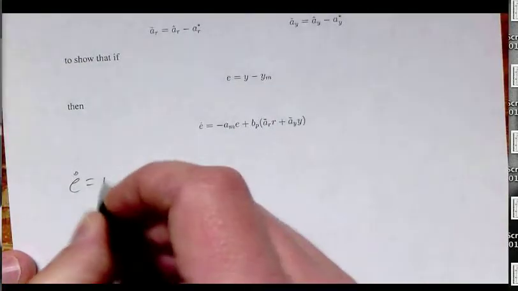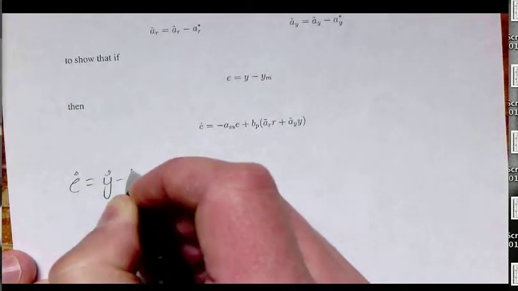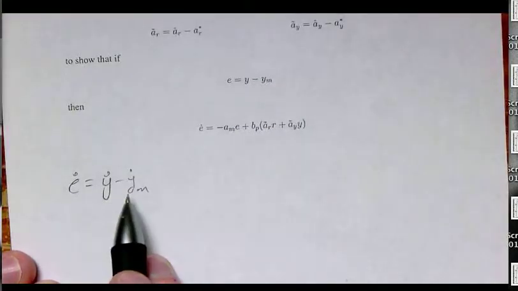So E dot will be Y dot minus YM dot, and so we need to come up with expressions for both of those.